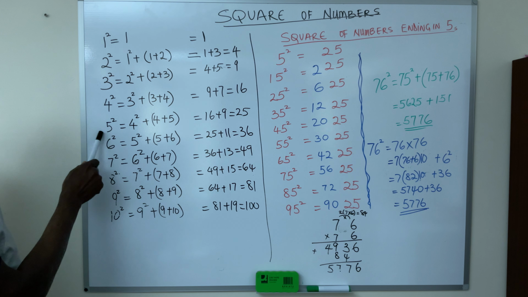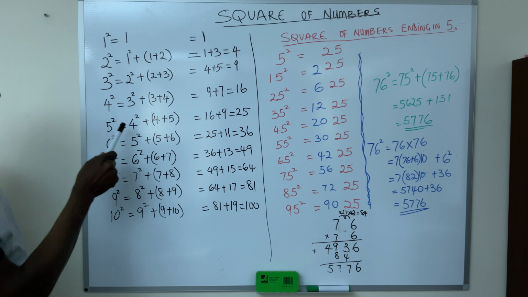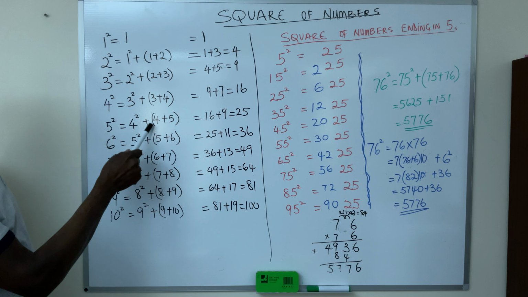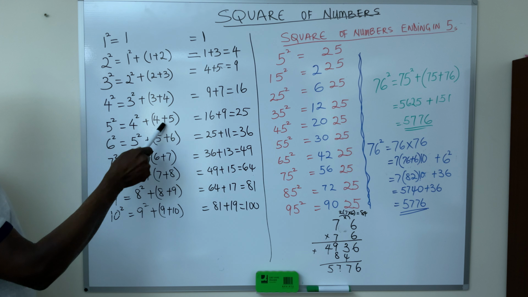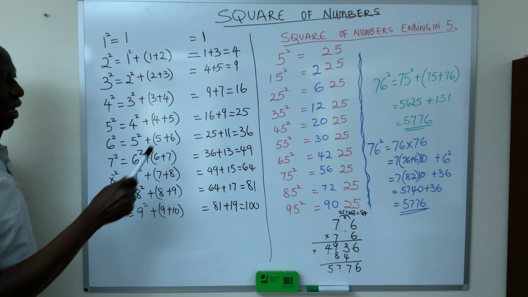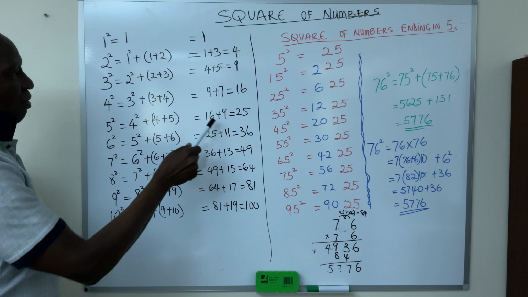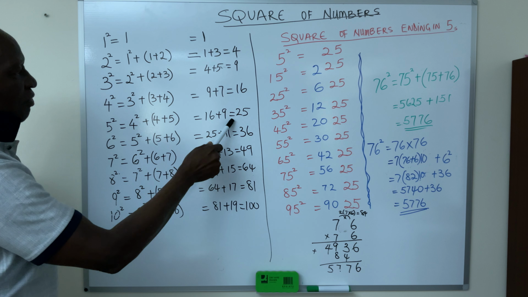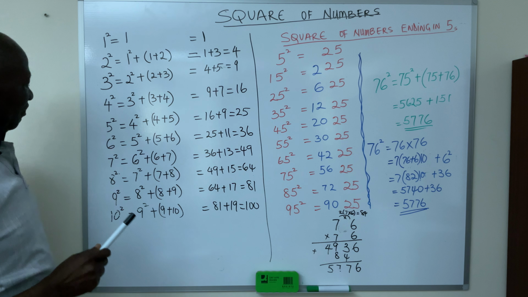The square of 5 is the square of 4 plus the sum of 4 and 5. And that is equal to 16 plus 9. That gives 25.